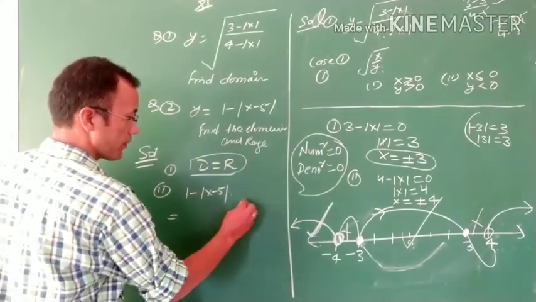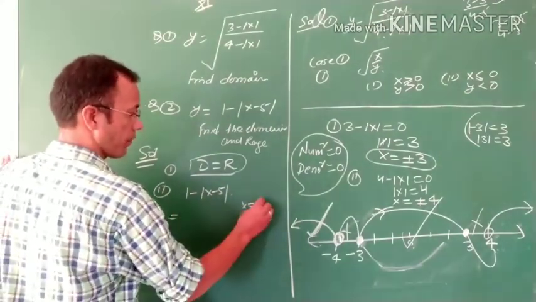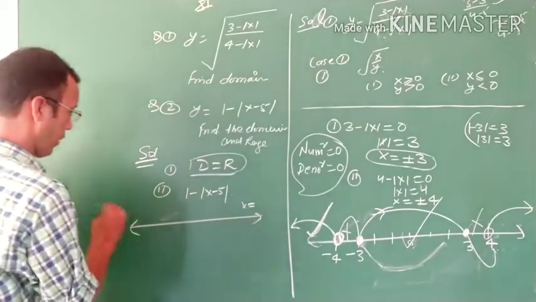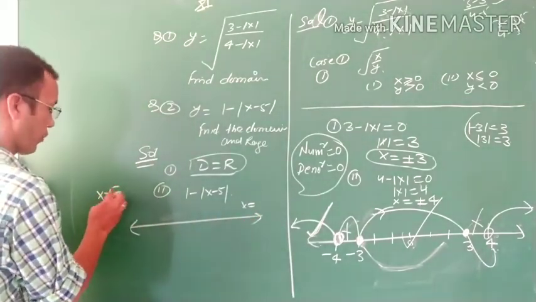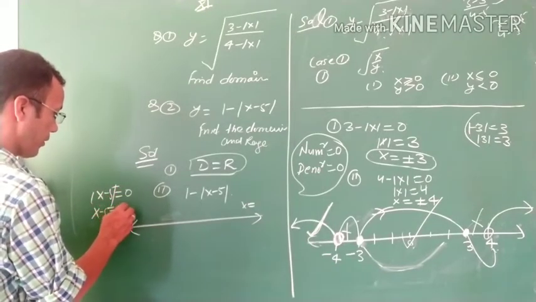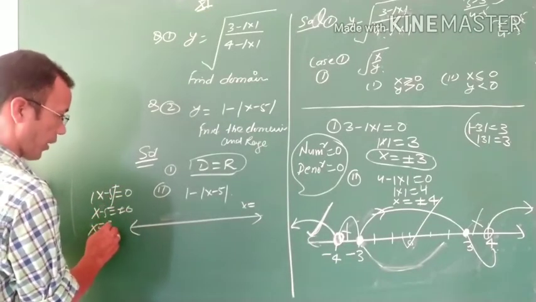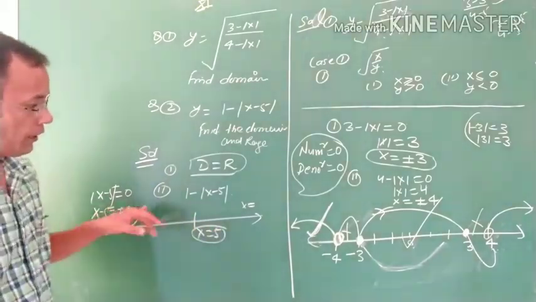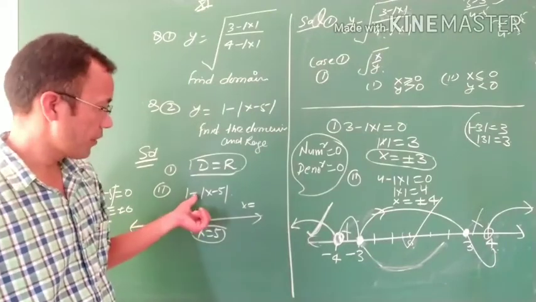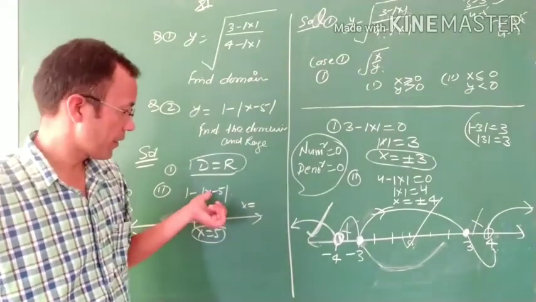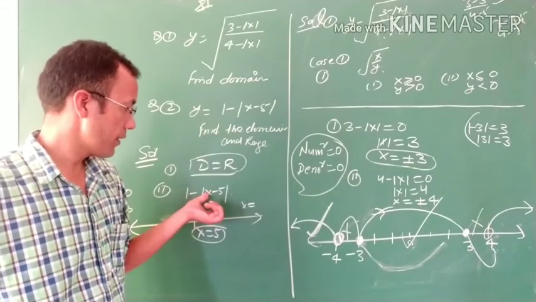So x minus 5 equal to 0 gives x equal to 5. If I put x equal to 5, this is 1. If I put x greater than 5, say 6.